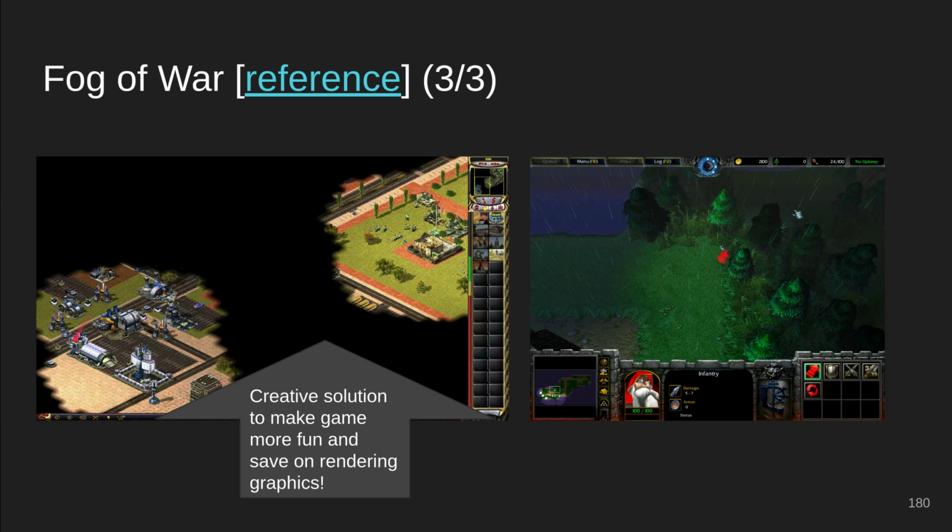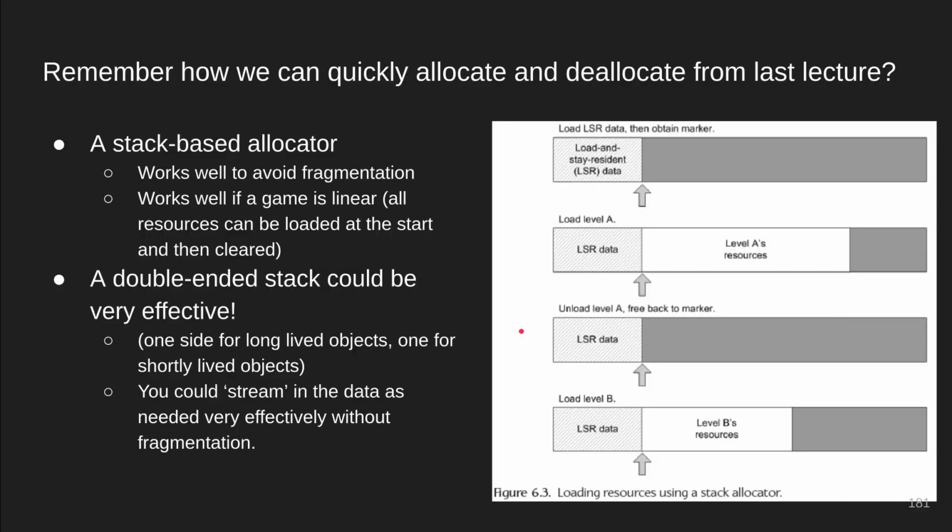It was fast to load up part of the screen at game startup, but loading up the whole map is expensive. So throughout the duration of the game, different parts that you haven't explored will darken, and they can hide the asset. So Fog of War was both a game mechanic and an optimization, which is kind of cool.